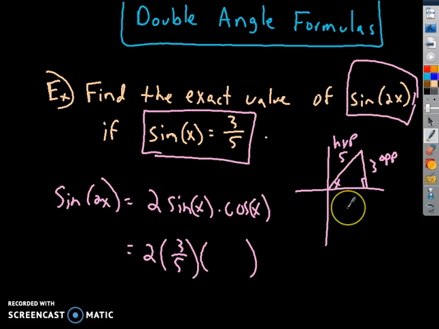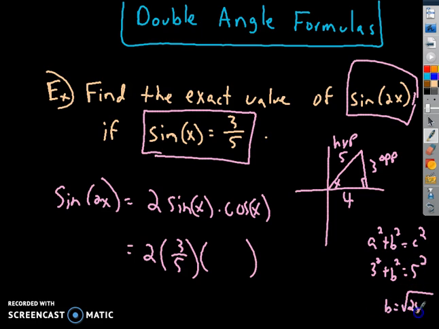And the adjacent side, you might just know this is a 3, 4, 5 triangle. If you didn't know, you use Pythagorean theorem to figure out this third side. You use a squared plus b squared equals c squared. And you would have said 3 squared plus b squared equals that 5 squared. And you do the math, and you get b equals the square root of 25 subtract 9, or b equals 4.